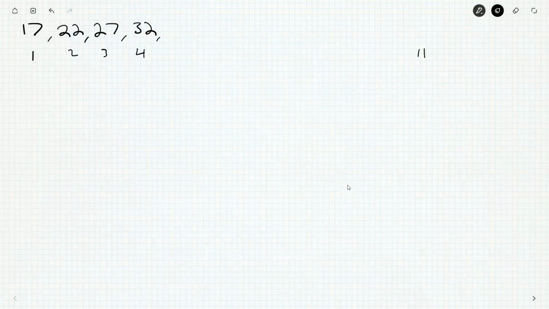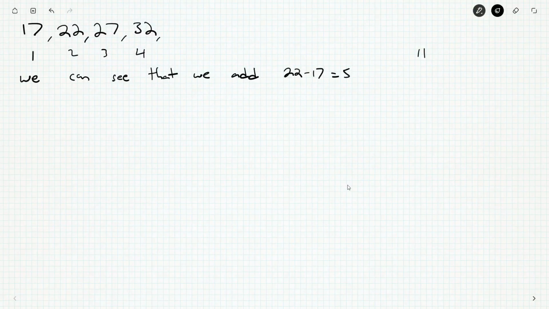I might say something like: we can see that we add 22 minus 17 equals 5 to each term, because the difference between any two consecutive terms has to be the same. So if you wanted to, you can then say the 5th term is 37, the 6th term is 42, and you can keep going.